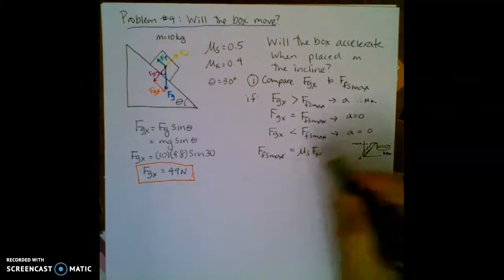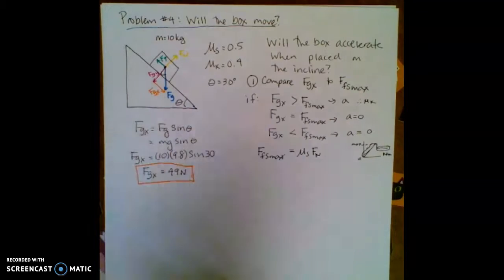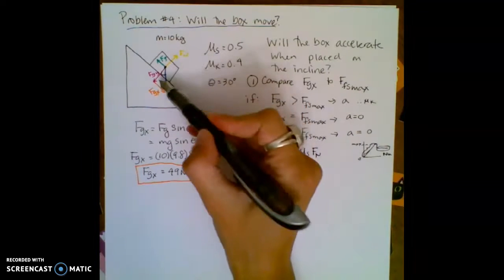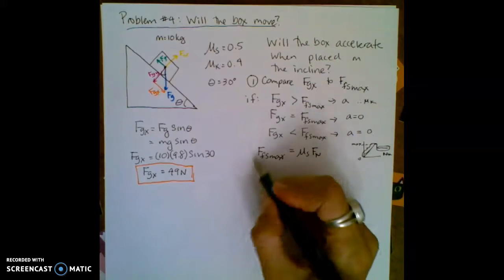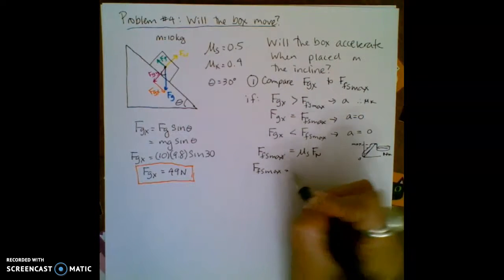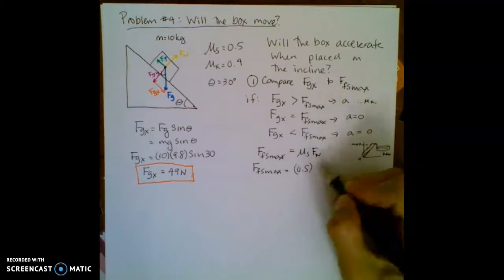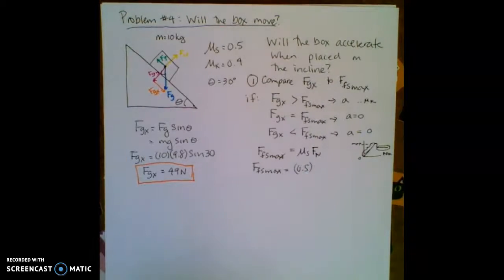So when I look at mu s, I know that's 0.5, and Fn, well, I'm on an incline, so that means that Fn is equal to Fgy. So Fs max is going to equal 0.5, and then Fn is Fg, or mg.